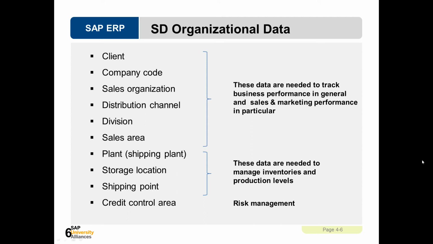And so you can see here that what I've done first of all is highlight organizational data that's needed to track business performance in general and sales and marketing performance in particular.